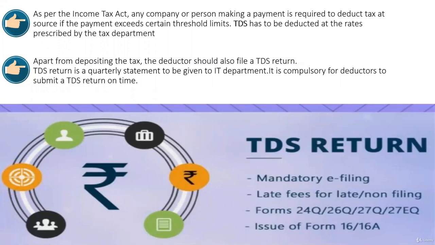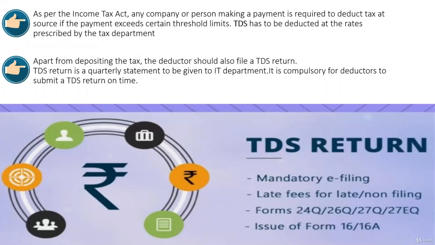Now, apart from depositing the tax, the deductor of TDS should also file a TDS return, and the TDS return is furnished quarterly. It is presented in the form of a statement to the Income Tax Department. It is mandatory for deductors to submit the TDS return on time.